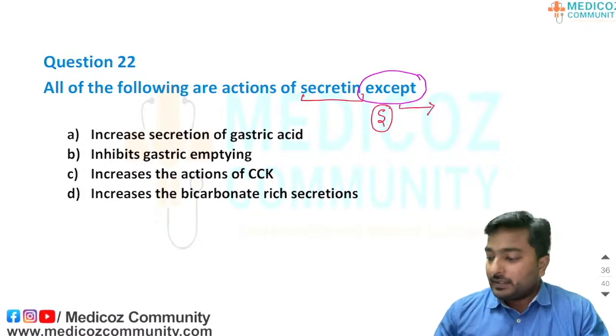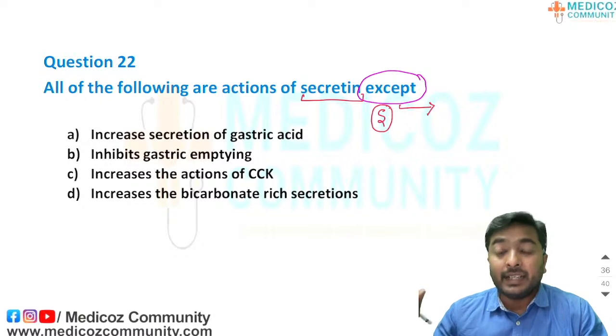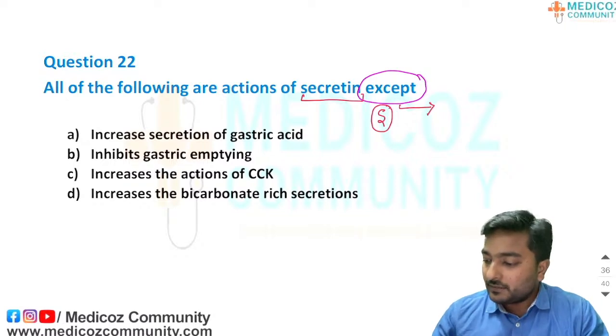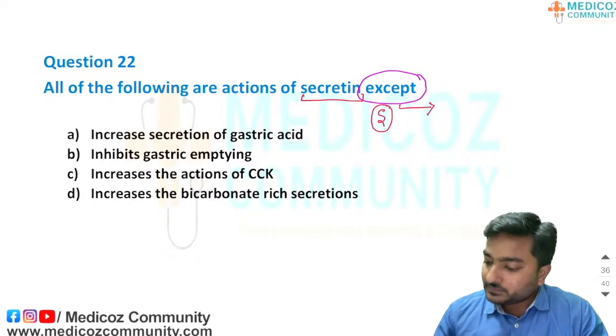If you consider the role of secretin with the stomach, it has an inhibitory role on gastric emptying, gastric motility, and gastric secretions. Whatever the relationship of secretin to the stomach, it is inhibitory. Now try to find the option that is not inhibitory to the stomach.